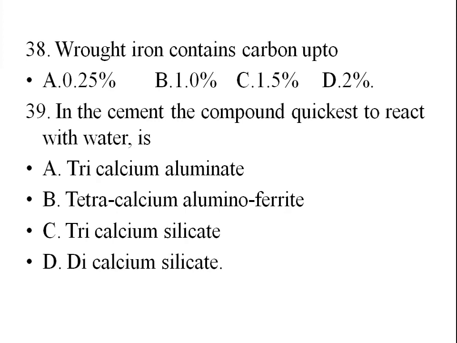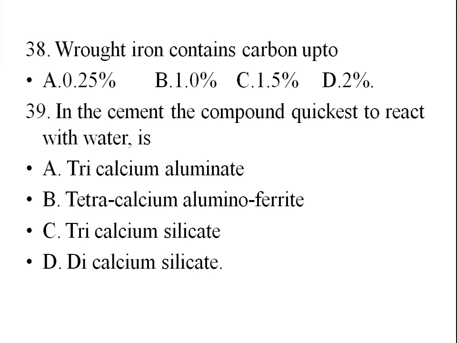Wrought iron contains carbon up to option A is the answer, 0.15 to 0.25, and for steel is 0.25 to 1%, and for cast iron 2 to 4%, and for pig iron 3 to 4%.